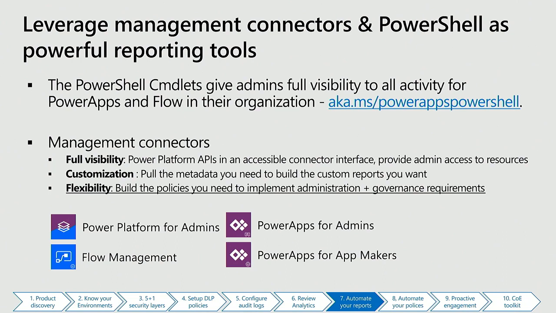Those same operations are also available as PowerShell commandlets, so they can be incorporated into the other automations, the other scripts, the other processes that you run from a monitoring perspective within your organization. I'll show you an example of what I'm talking about there.